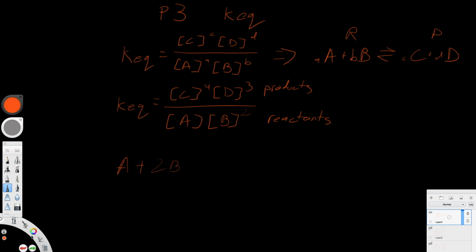And here we have 4C plus 3D. So this would be your equation that is going to be equal to this sort of equilibrium coefficient equation. To maybe differentiate between the two there.